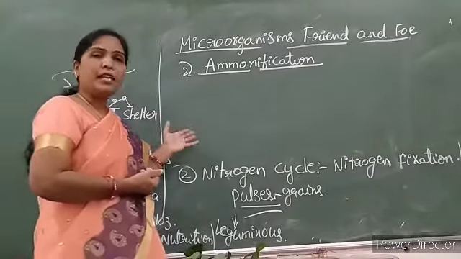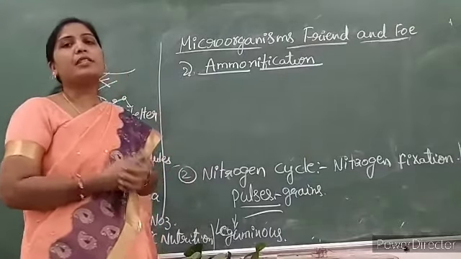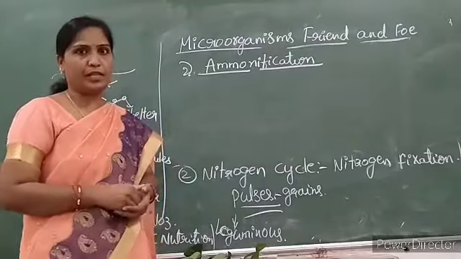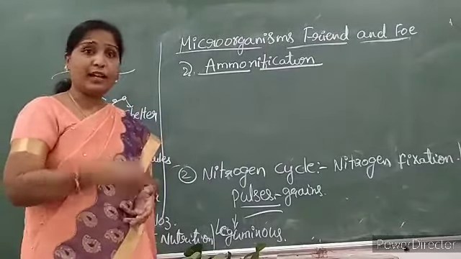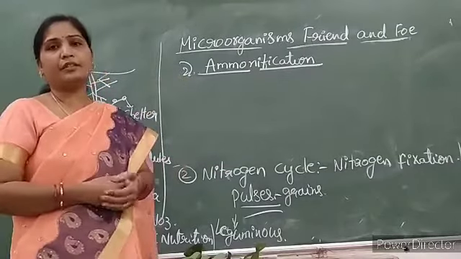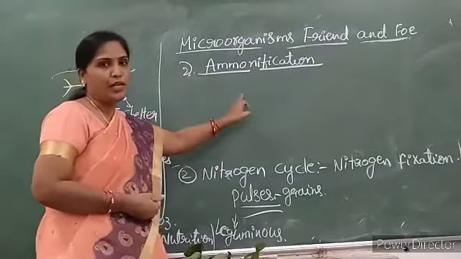And when these plants and animals die, their body consists of proteins, right? Their body has organic matter. So that matter is converted into ammonia.